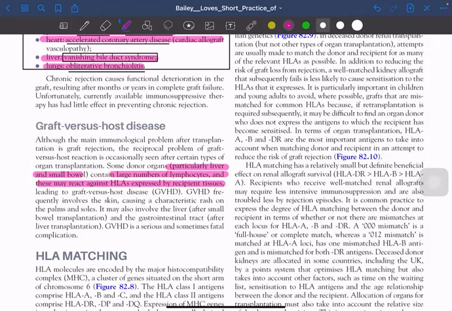Till now, we saw the HLAs of the donor organs. Now we are showing HLAs of the recipient tissues. They lead to graft-versus-host disease. This is the difference between rejection and graft-versus-host disease.